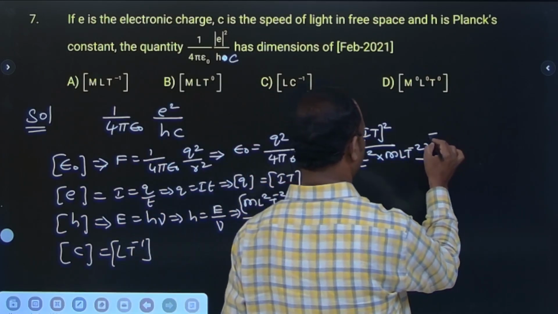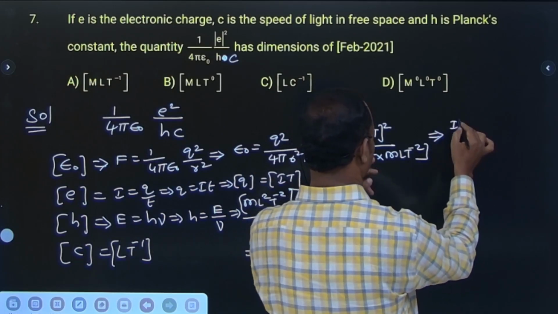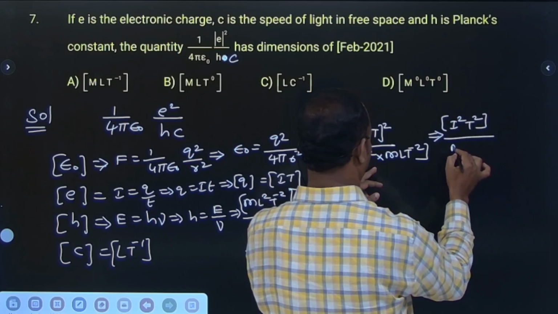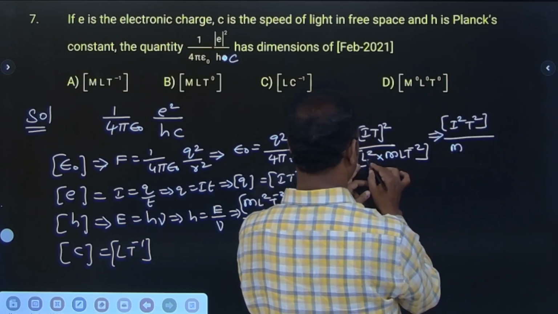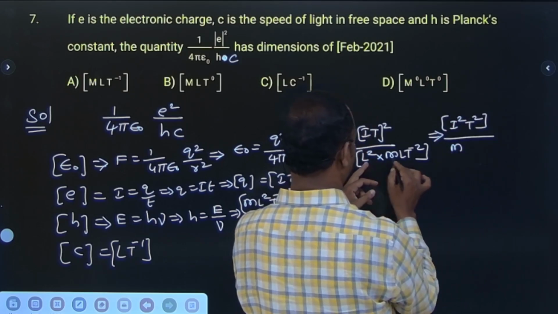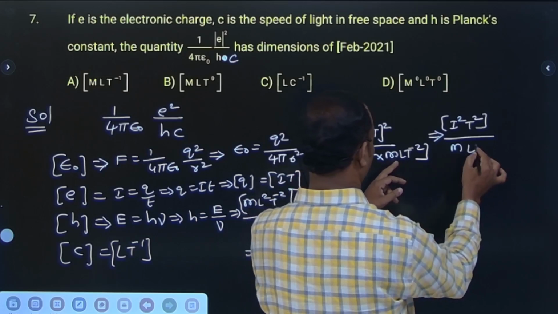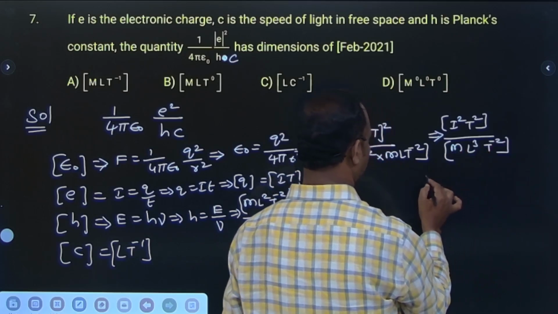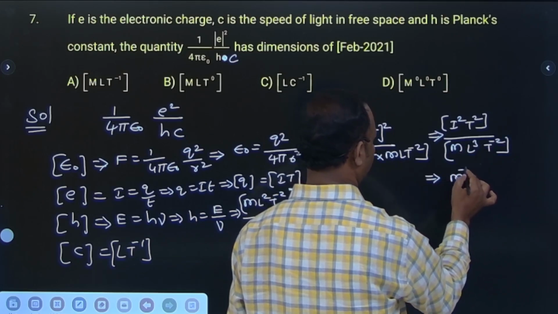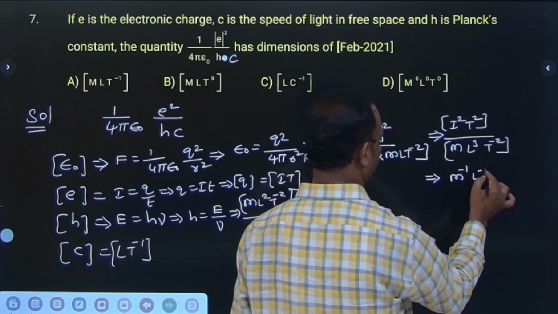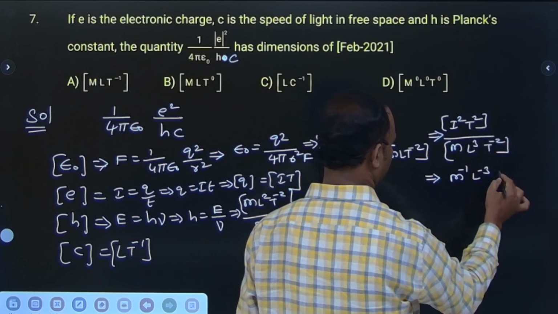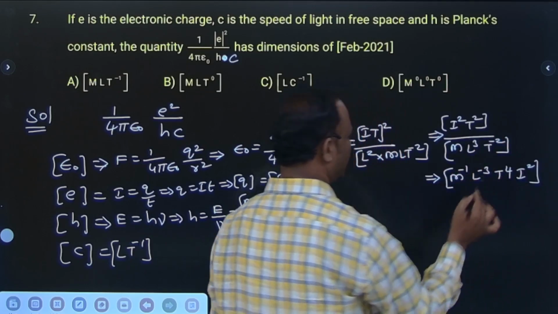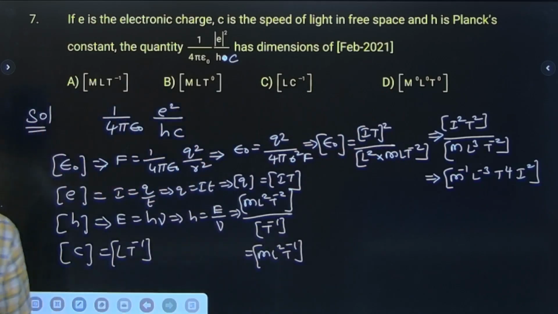This equals I square T square by M L cube T minus 2, so it will be M minus 1 L minus 3 T4 I square, the dimension formula of epsilon naught.